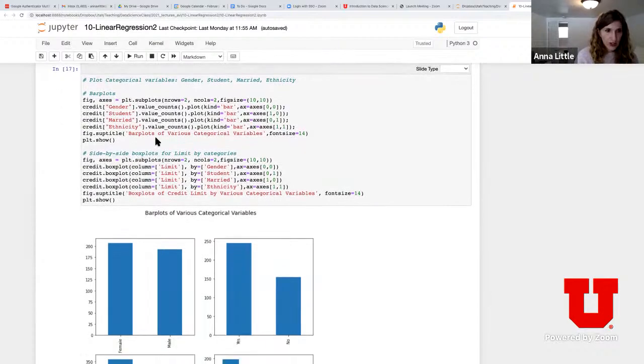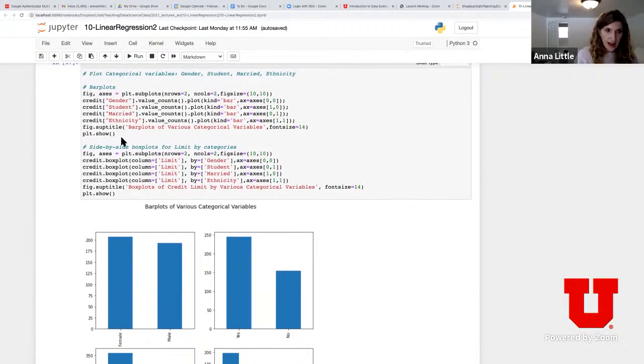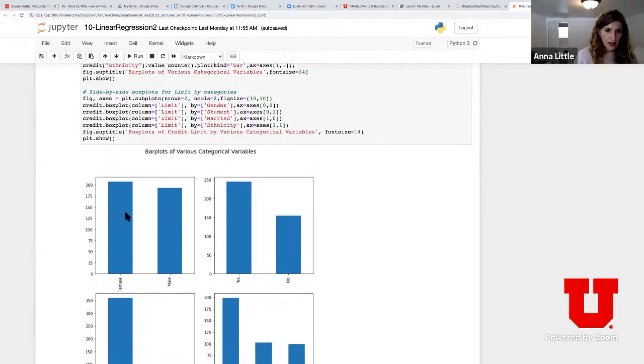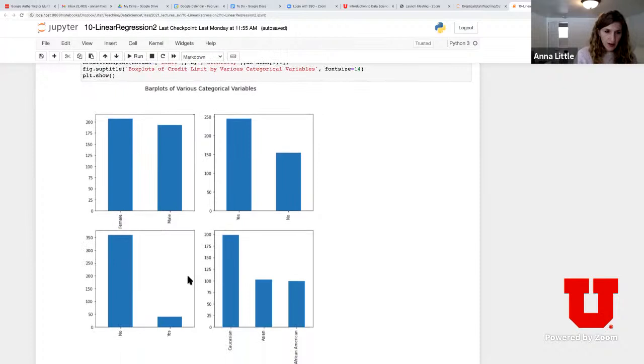This code is first just making bar plots. The bar plots are just the value counts of the variable, so you can see the distribution, as we already discussed, male versus female, student versus non-student. But this doesn't really get at whether there is a relationship with the response variable that you're interested in.